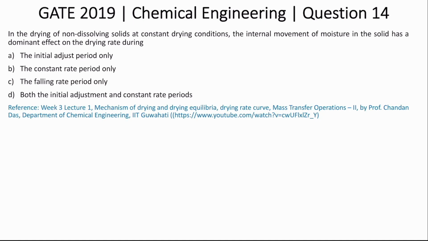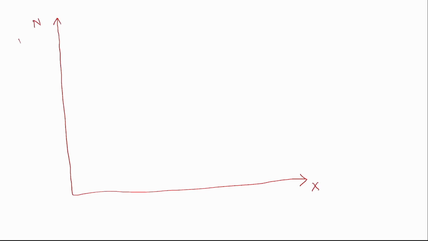So for this, let's first draw the drying rate curve. So we have the x-axis and the y-axis. The x-axis is the moisture content and the y-axis is the rate of drying.